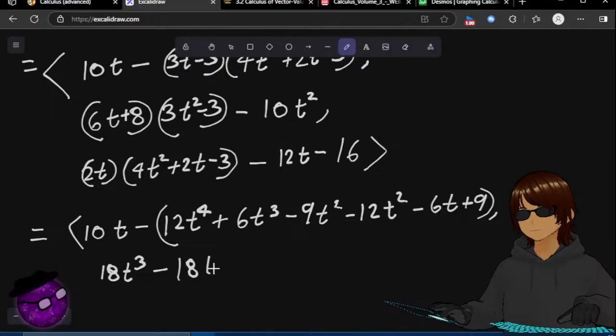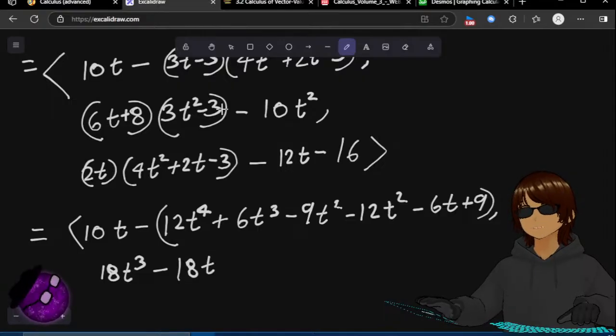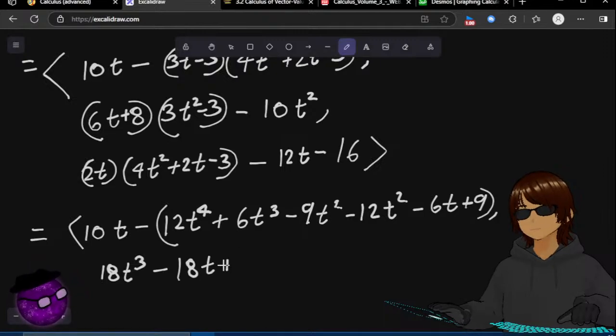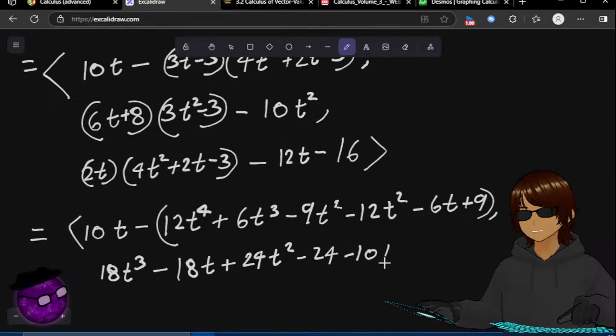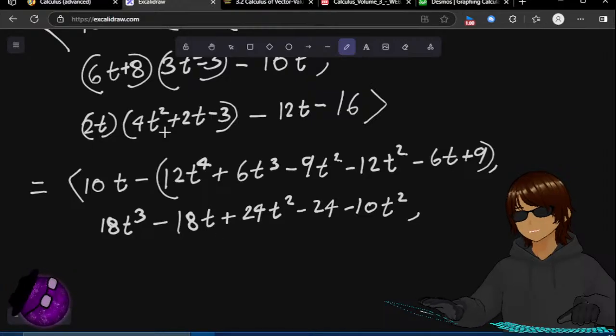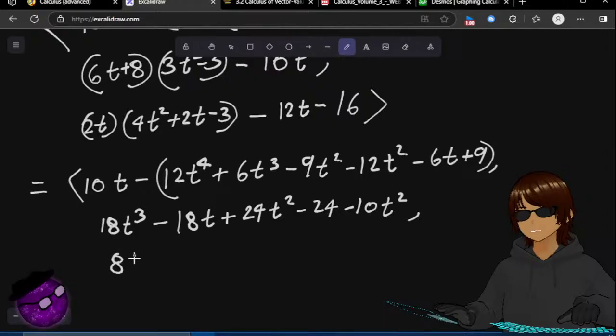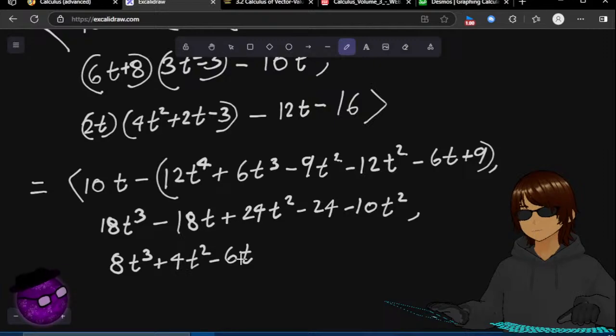And then this times this is 18t. Plus 8 times 3, 24 t square minus 24 minus 10 t square. Now we have this part. 2 times 4 is 8 t cubed plus 4t square minus 6t.